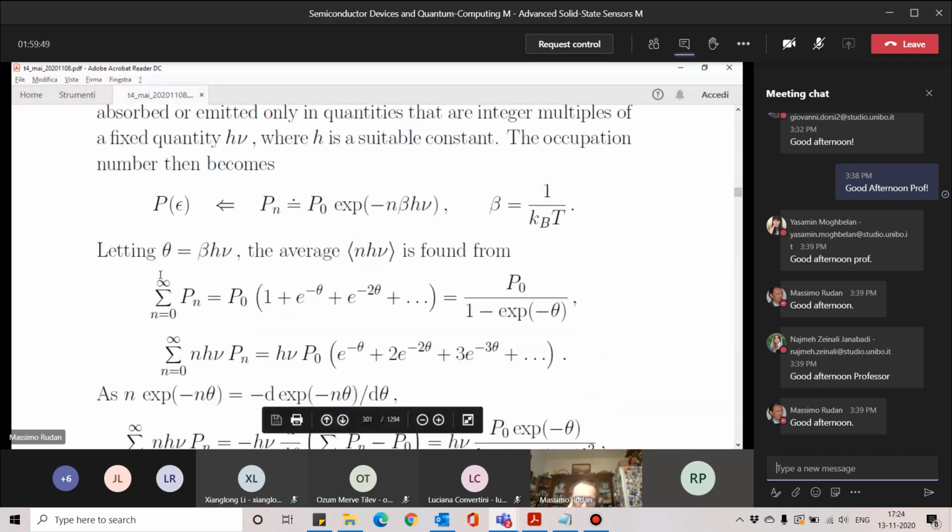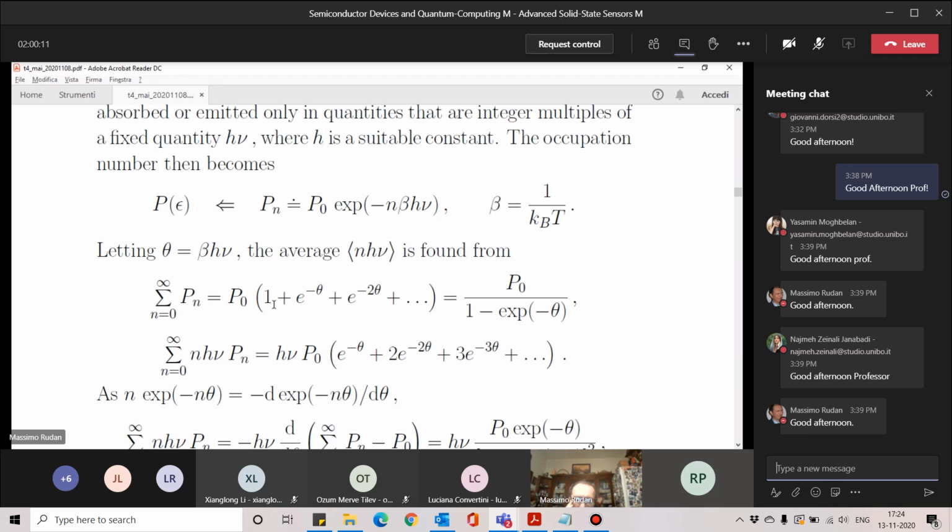So what we do is we sum P0, and then e to the minus theta n, where theta is the elementary block times beta. And this sum is easily done. It provides P0 over 1 minus e to the minus theta.